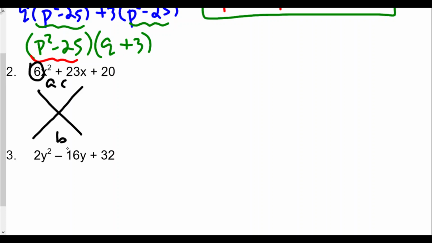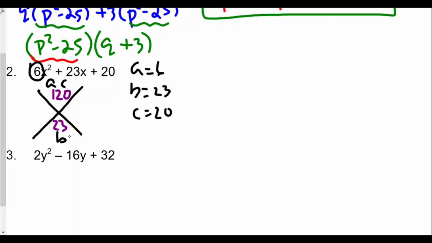We know that a in this case is 6, b is 23, and c is 20. So a times c is 6 times 20, which is 120, and b is 23.